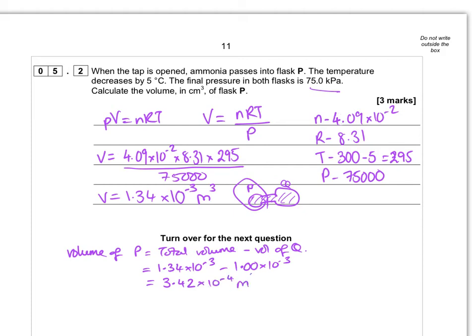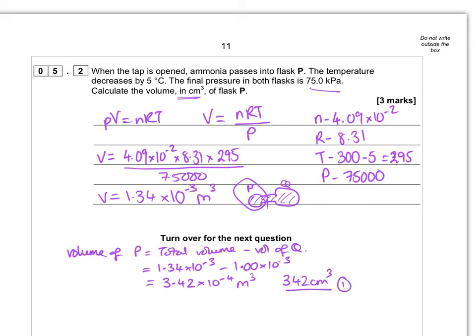Now remember, this is still in metres cubed. This asks us for the answer in centimetres cubed. So what we need to do to convert it into centimetres cubed is to multiply it by 1,000,000, which comes out as 342 centimetres cubed.